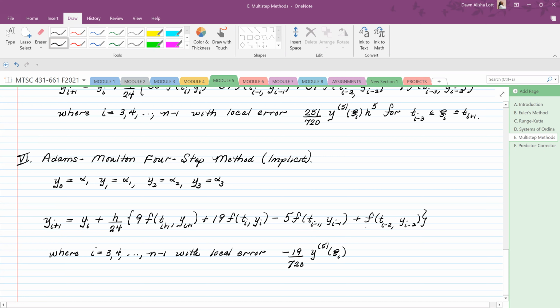And here, c_i is between t_{i-2} less than or equal to c_i less than or equal to t_{i+1}. I'll give you a few minutes to finish writing that down.